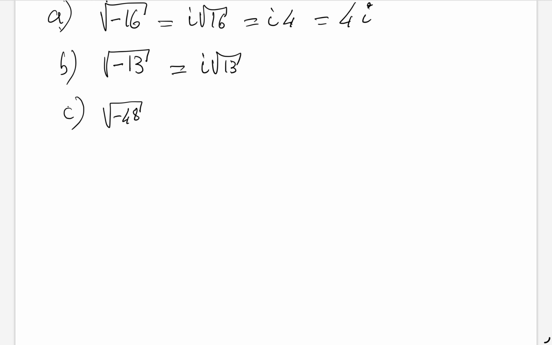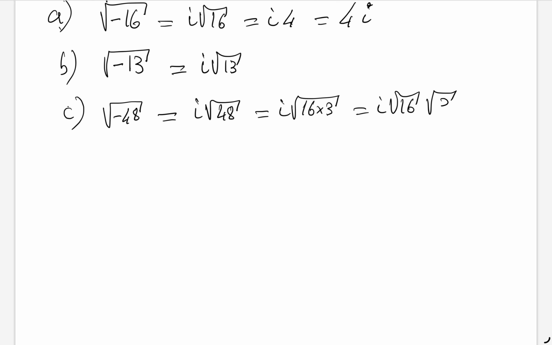So it is i times the square root of 48, and 48 is 16 times 3. So i times the square root of 16 times the square root of 3, and the square root of 16 is just 4. So it's 4i square root of 3. And that's it. Got it? Let me know if you have any question, please.